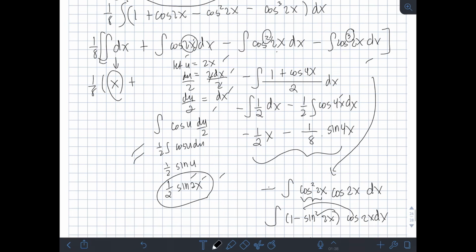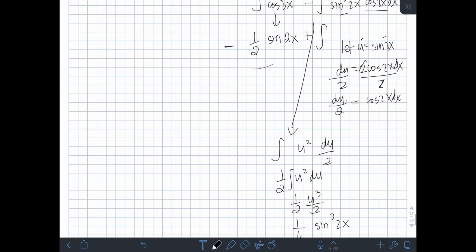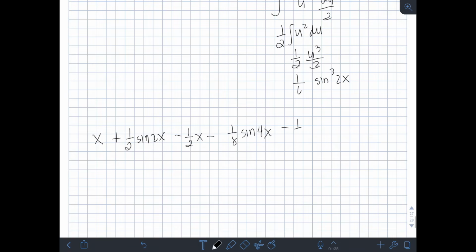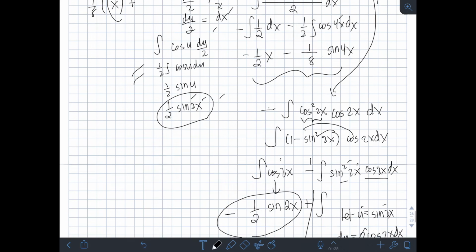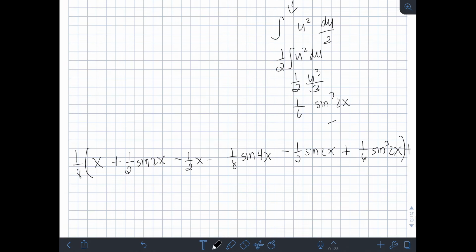Then last, itong huli, ano nakuha natin? Negative 1/2 sin 2x at itong positive 1/6 sin cube 2x. Then, lahat sila nakamultiply sa 1/8. Ito. Plus c.